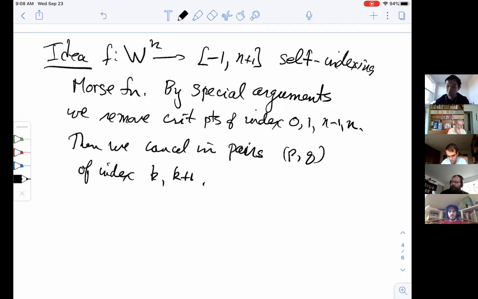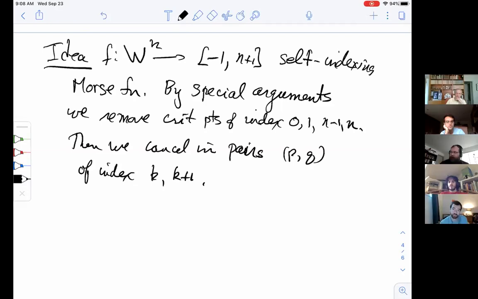So if we cancel 0, 1, n minus 1 and n, the lowest index critical point will be a critical point of index 2. We will find a critical point of index 3 such that, after rearranging things slightly, we're able to cancel the pair consisting of P and Q without changing any of the other critical points or what the function looks like near those critical points. We remove that pair. There's another critical point of index 2. We find another one of index 3. We remove that pair. We keep going.